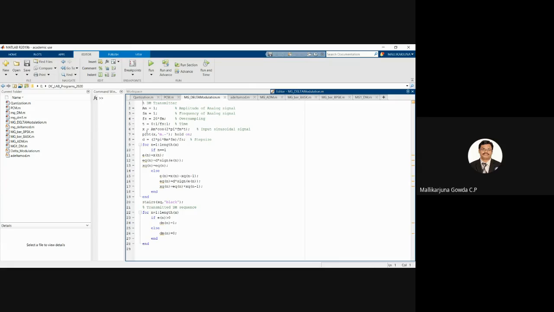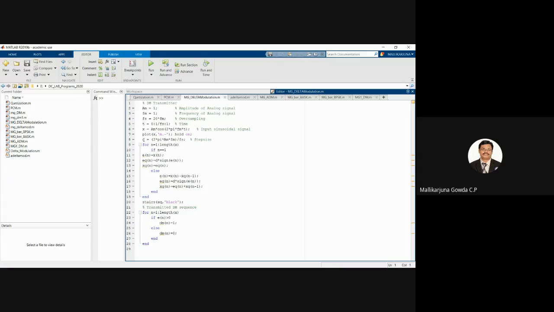And I am defining the input sinusoidal signal, that is x is equal to AM into cosine of 2 pi FM t. AM is the magnitude or amplitude of the analog signal, FM is the frequency, which is already defined. So I am plotting that analog signal.